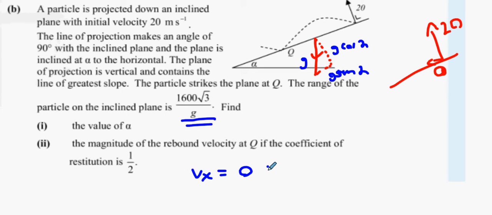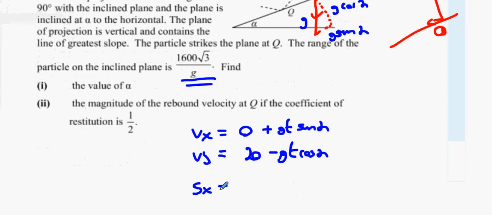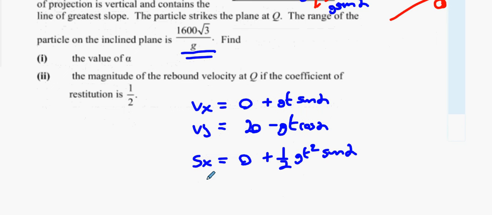Plus g t sine alpha. vy is 20 minus g t cos alpha. sx is 0 plus a half g t squared sine alpha, and then sy equals 20t minus a half g t squared cos alpha.